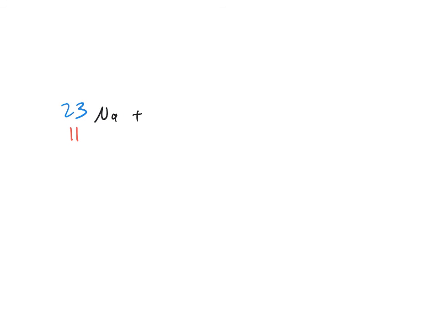And I'm going to have an arrow way over here and tell you that I have 55 and 26. And I'm going to tell you that the element that's formed there is iron. So what I need to do is figure out a mass number and an atomic number for the element that's missing.